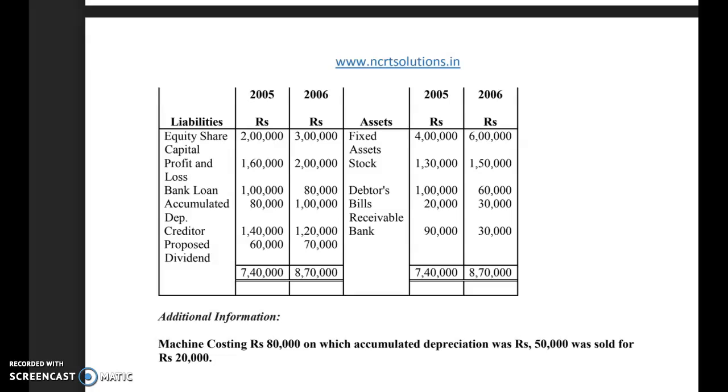The provision for income tax appearing on the liability side of the previous year's balance sheet will be assumed to have been paid during the current year as payment of income tax, and it will be deducted from cash from operating activities while you calculate cash from operations.